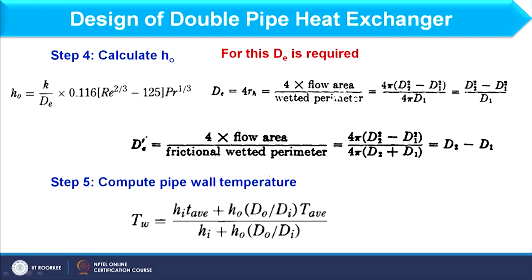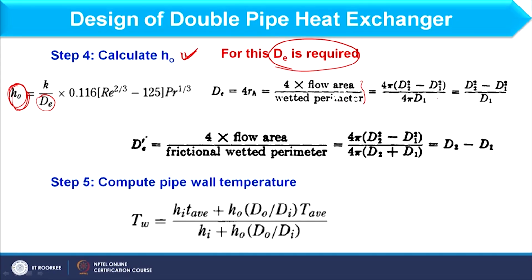Here I have step number 4, where I have to calculate heat transfer coefficient at the outer surface of the inner pipe, and for this I need to find out equivalent diameter, that is DE. This is the expression to calculate heat transfer coefficient on outer surface of the inner pipe. Here I have this equivalent diameter. Equivalent diameter you can define as 4 into flow area by wetted perimeter.